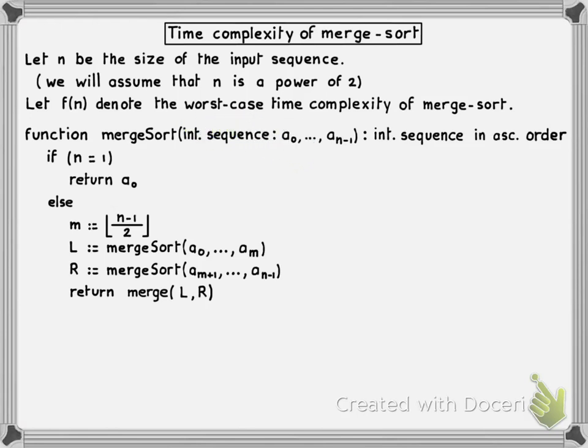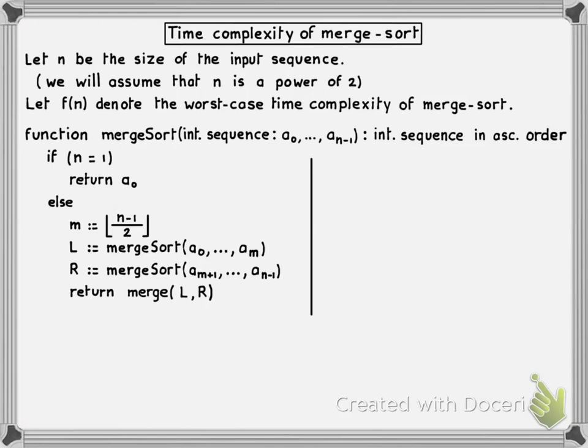Well, the reason is because, remember, the merge algorithm has a worst case time complexity that is worse than its best case time complexity. So of course, the worst case for merge is going to create also a worst case for merge sort. So here, we're going to focus our analysis on the worst case time complexity of merge sort.